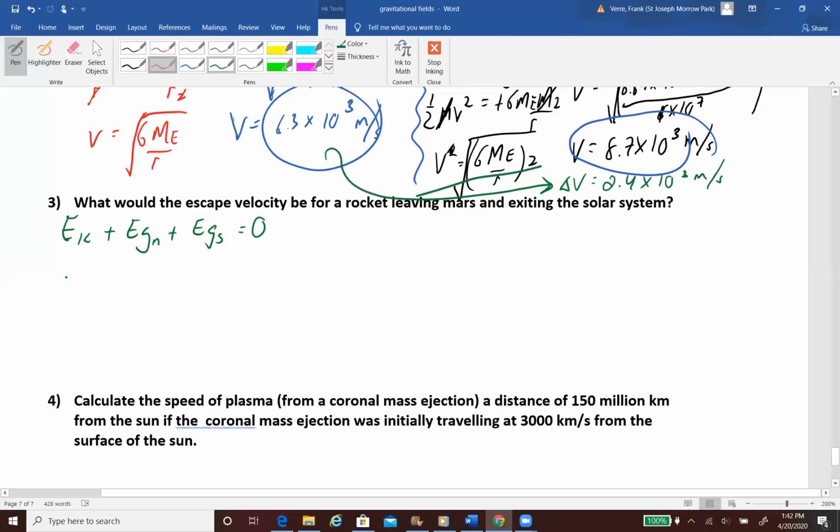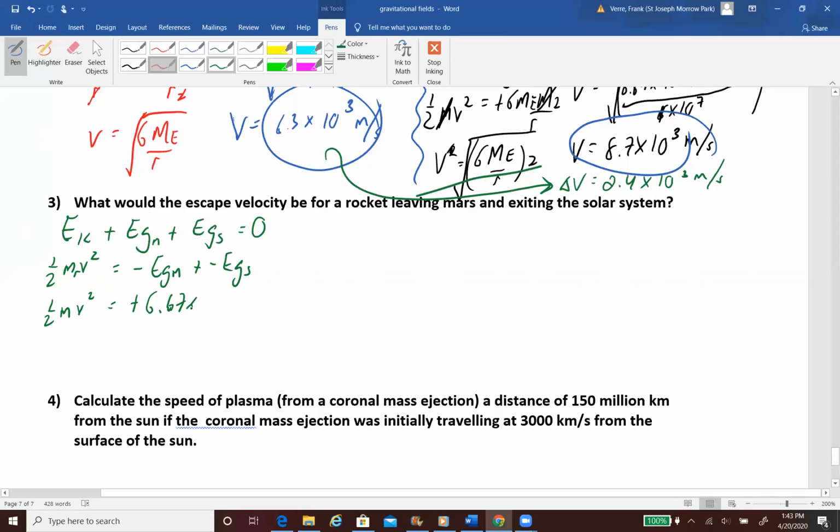So what we could say then is that the kinetic energy, which is 1/2 mv squared, say m_r for the rocket, is going to equal negative Eg Mars plus negative Eg Sun. Okay, so if we fill in some values, we know that this is a negative of a negative, as in the previous example, because remember, Eg is negative initially, so now this becomes positive.